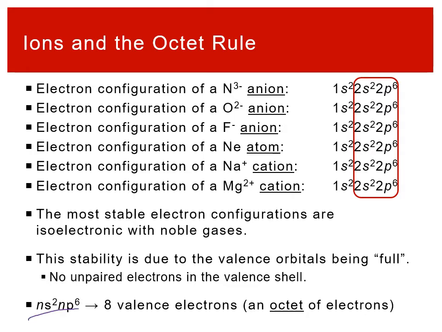We know for a noble gas that looks like this, where it can be different shells on down the periodic table, but 2s2, 2p6, say for neon, 3s2, 3p6 for argon as we go on. And so we know that there's patterns in the ions that atoms tend to form, and we can explain that based off the electron configuration, because this octet of electrons tends to be stable because we call that a full valence. There's no unpaired electrons in the valence shell.